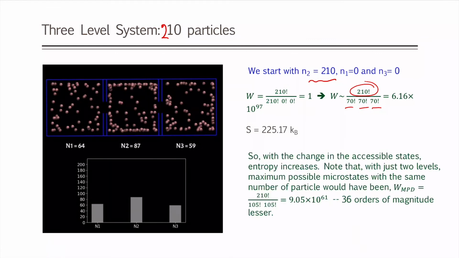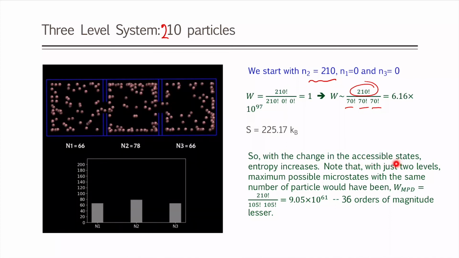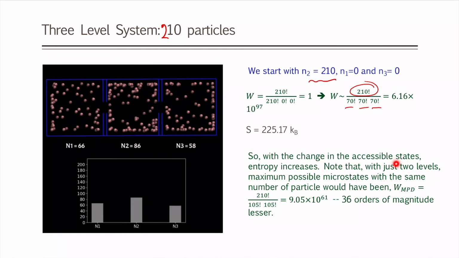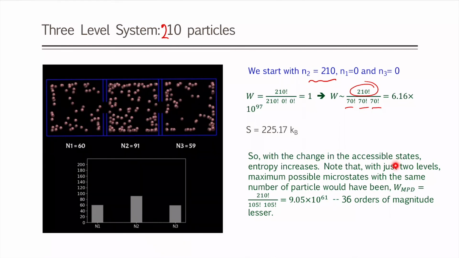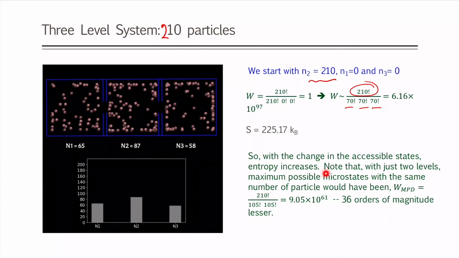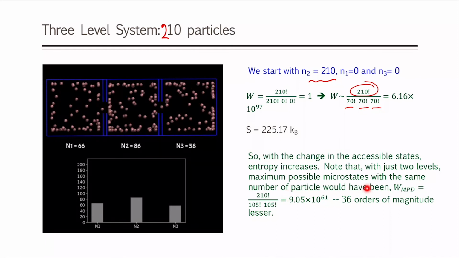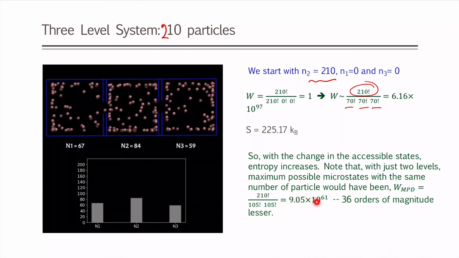Okay. So, now what you see here is the change in the number of accessible states. Earlier there were only 2 boxes. Now, we have 3 boxes. So, with the change in the accessible states, entropy increases. Note that with just 2 levels, the maximum possible microstates could have been 9.05 times 10 to the power 61.